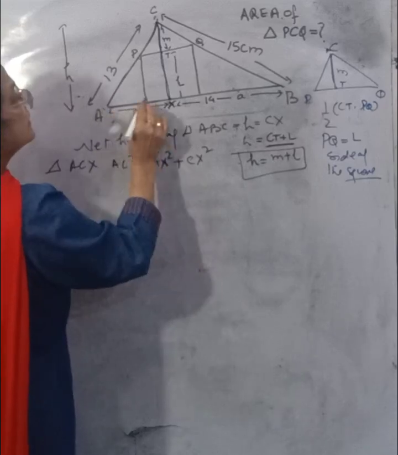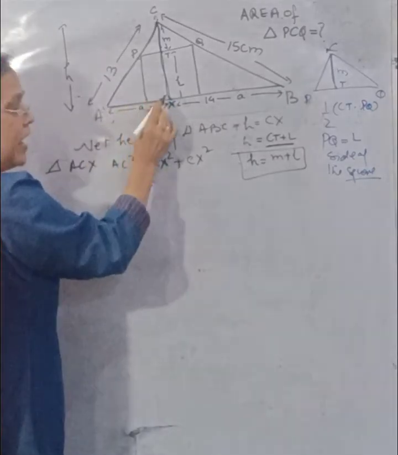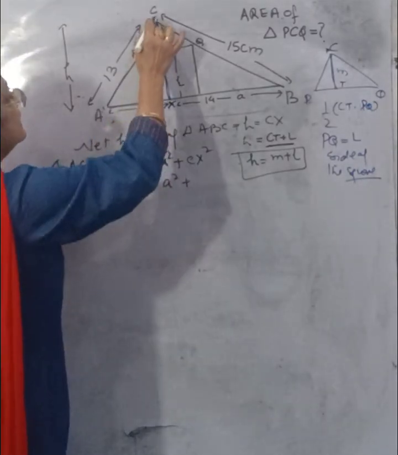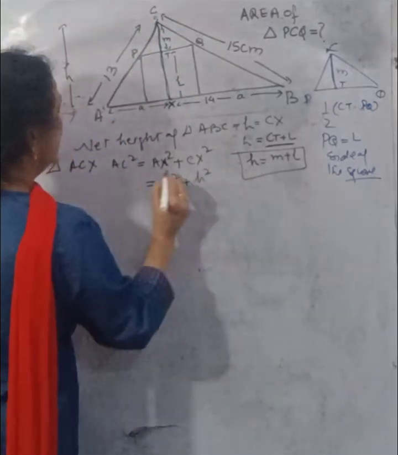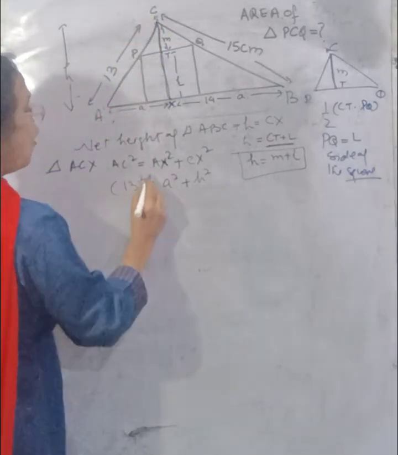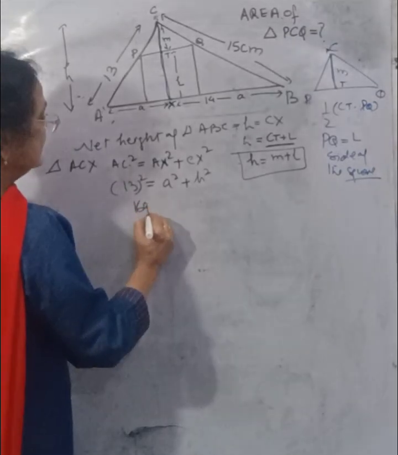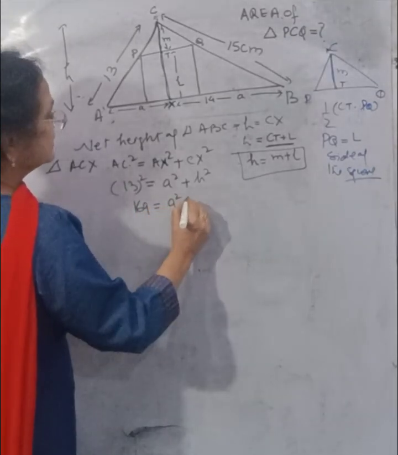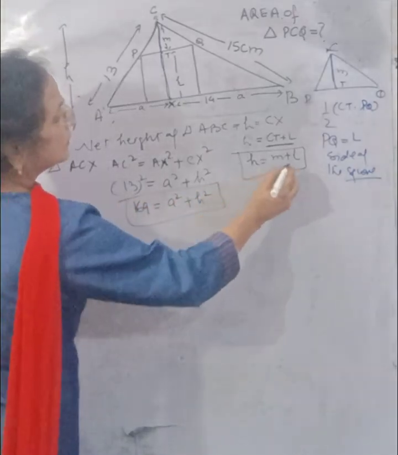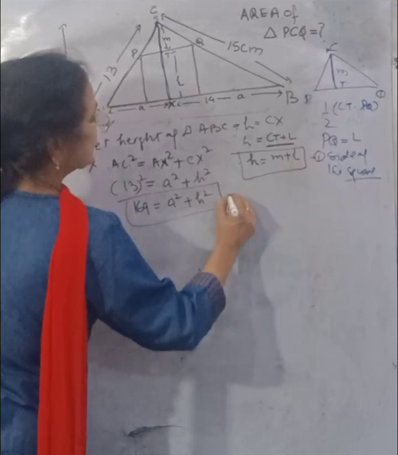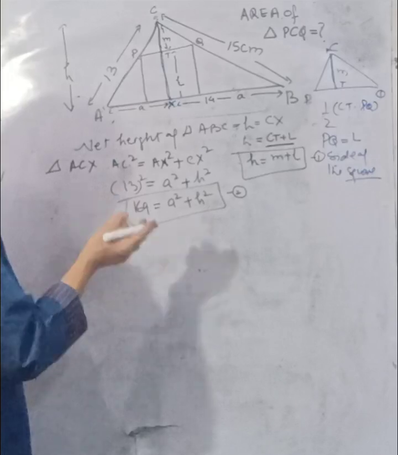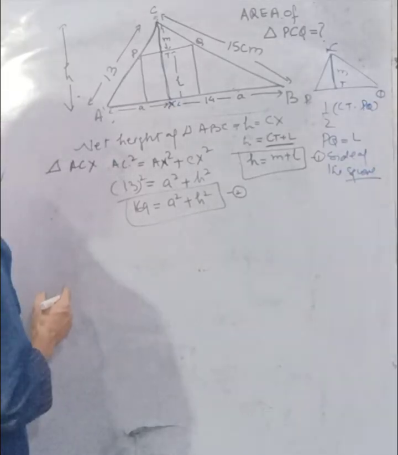AX is A, CX is H, and AC is 13. So 169 equals A square plus H square. This is number 1. A square plus H square is equal to 169.